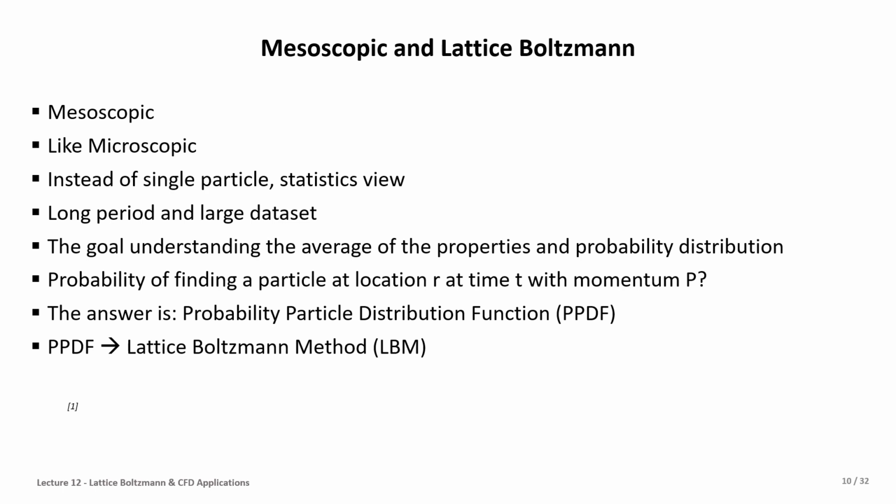With this probability, we are using the average of the statistics. The probability distribution function is the response to this question, and based on it, the lattice Boltzmann method was created, and we will see how it works.